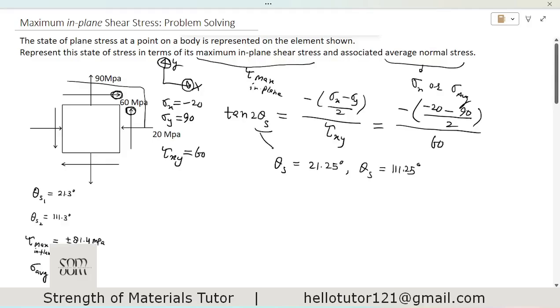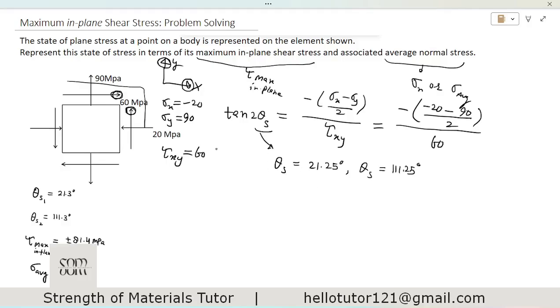What does it mean? As we already know, whenever there is a maximum shear stress plane, there exists another plane perpendicular to it, and the shear stress on the other plane has the same magnitude but opposite sign. So these are the locations of the maximum shear stress planes.